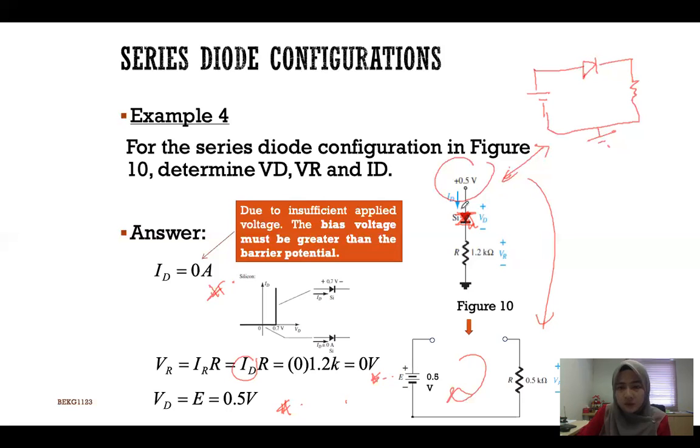You must change it like this. So there's a correction for the example. The diode must be like this, because the answer is for reverse bias.